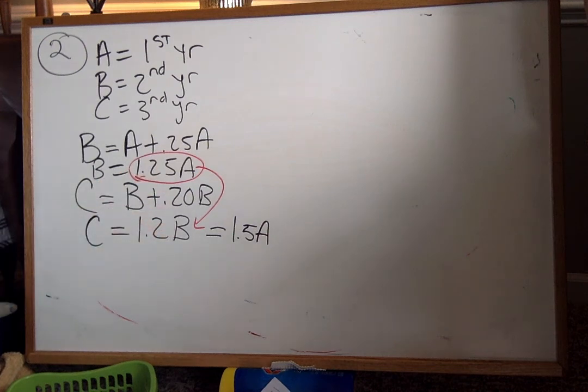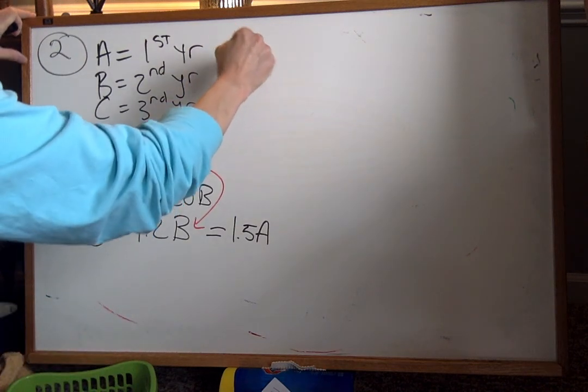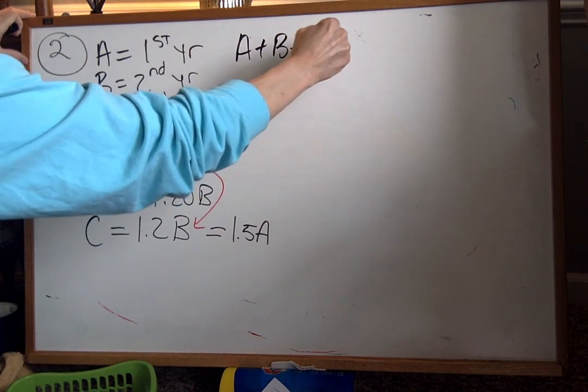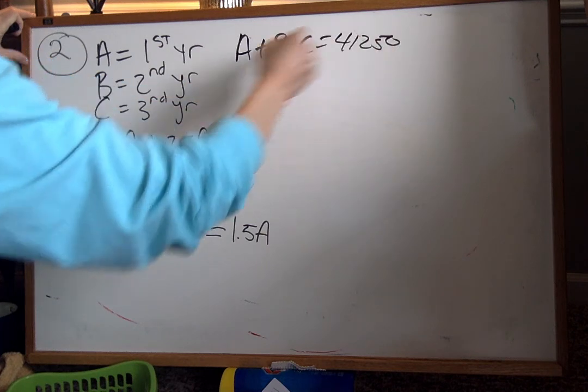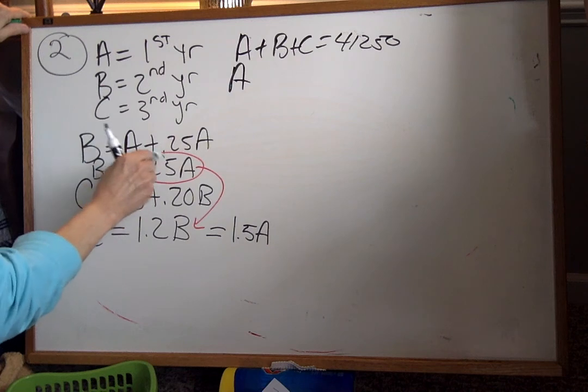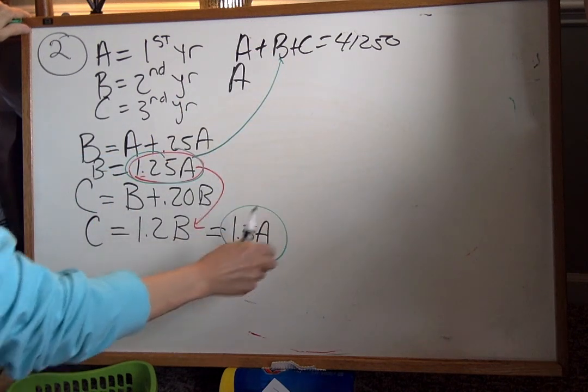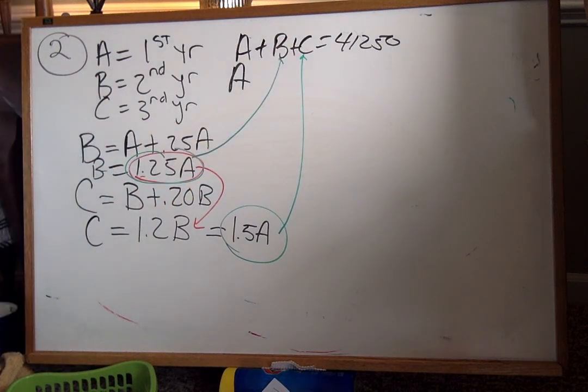Now, got to be a little more information. The mayor proudly claims during the 3 years we saved $41,250. So all 3 years together is $41,250. So A plus B plus C equals 41,250. Okay. Now look, we had B in terms of A. He can go right there. We have C in terms of A. He can go right there.